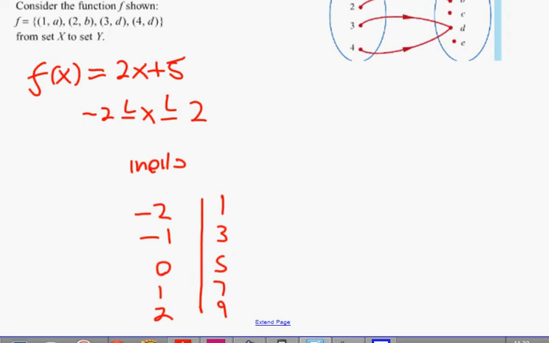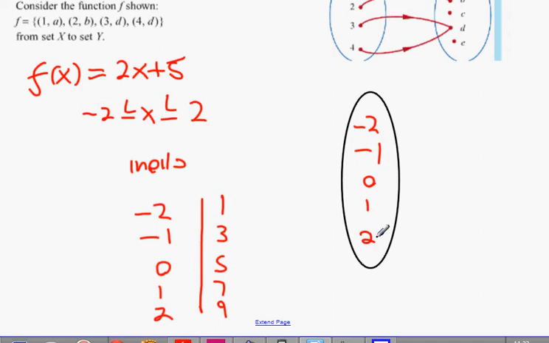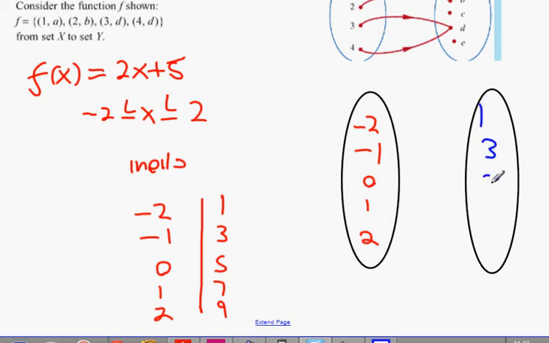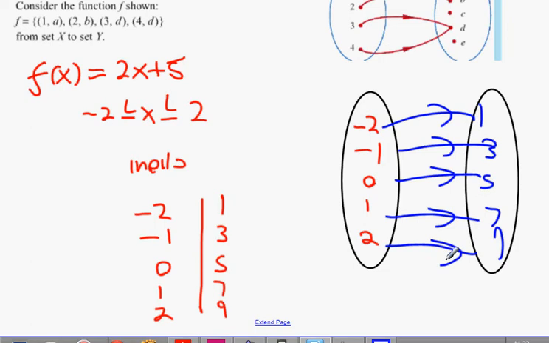So my list of inputs is minus 2, minus 1, 0, 1 and 2. And then my list of outputs, I'll put them in blue here, is going to be 1, 3, 5, 7 and 9, and it gets mapped straight across. Everybody happy with that? Okay.